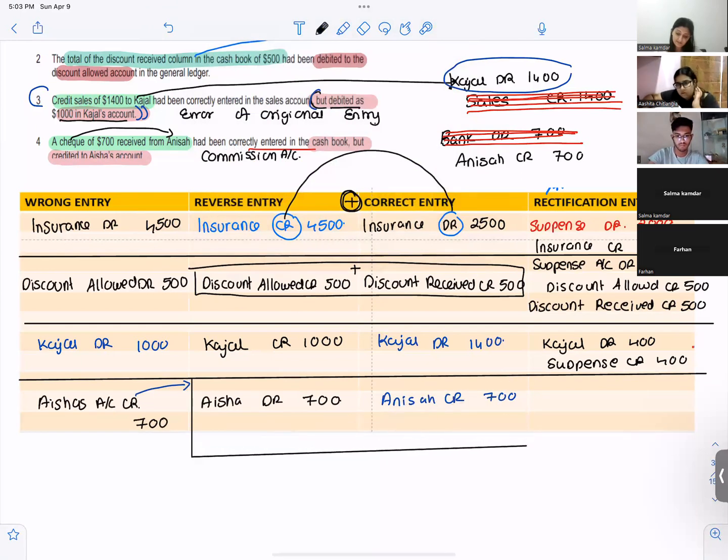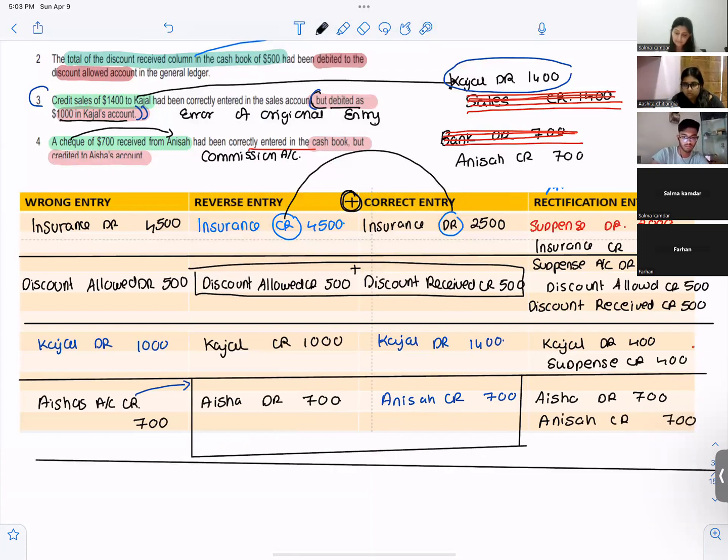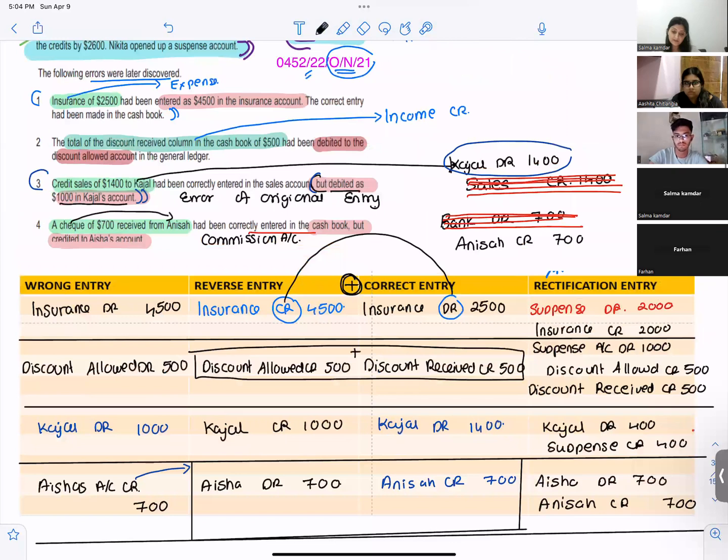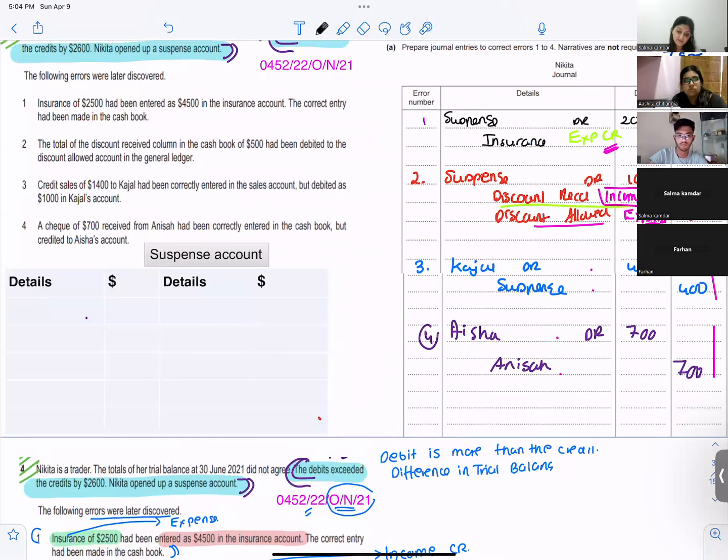Rectification entry would be Aisha debit 700, Anisa credit. Done. Is it done? Yes. So now this is a full rectification entry. Are you with me? Yes.